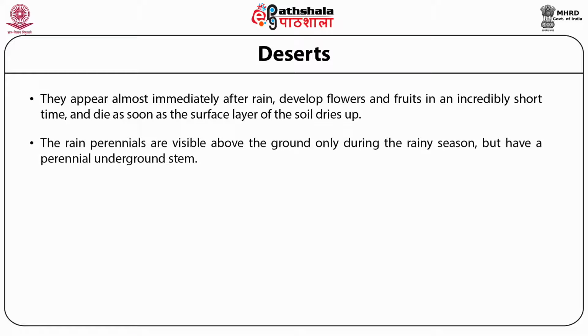The rain perennials are visible above the ground only during the rainy season, but have a perennial underground stem, such as bulbous monocotyledons, of which Dipcadi erythraeum is a representative from this region, and various Cyperus also grow.